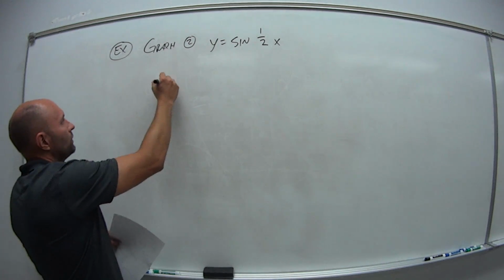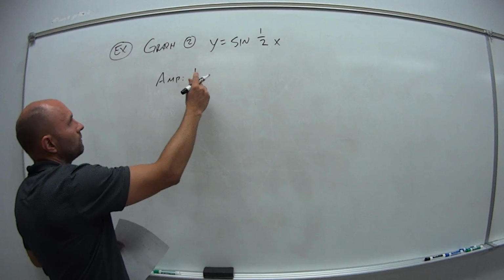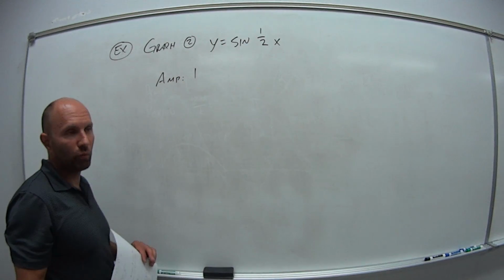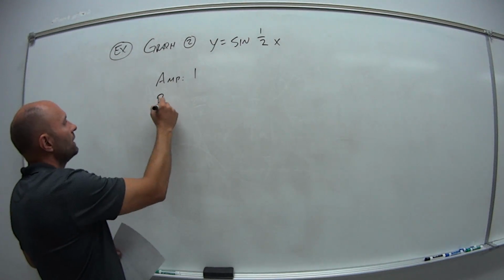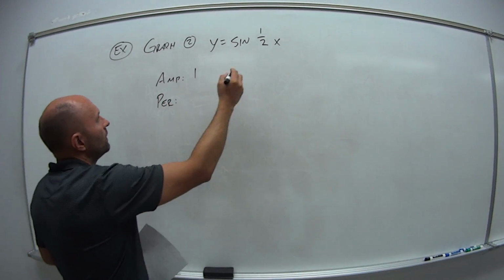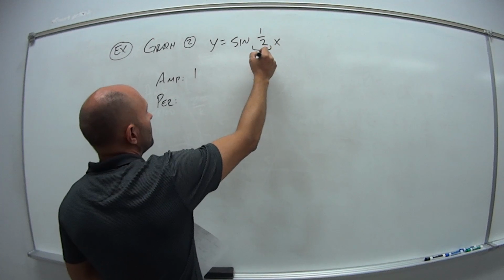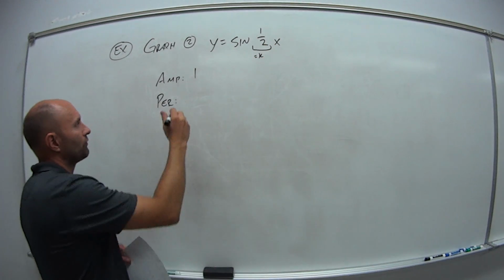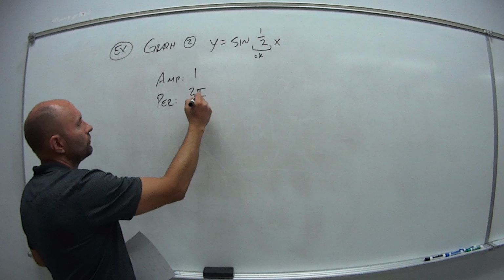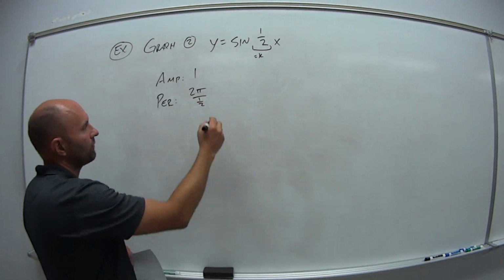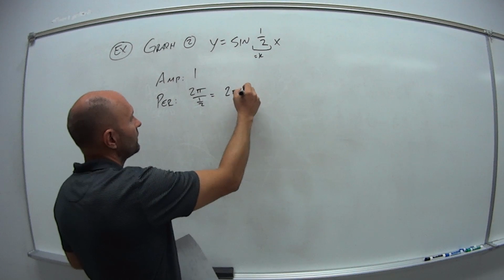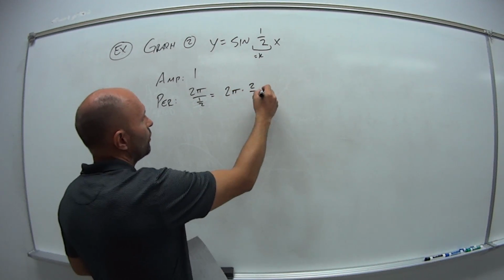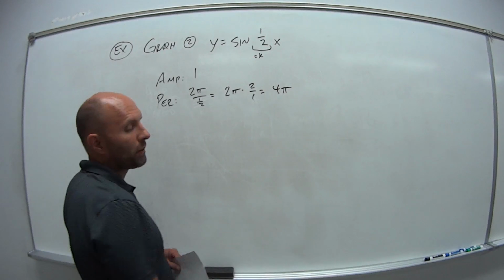So again, our amplitude is still 1. The value in front of sine is 1. We don't see it, but it's there. Period has changed again. But now our k is equal to 1/2. So the period is 2 pi over 1/2, which if we do keep change flip, that's 2 pi times 2 over 1, which is 4 pi.